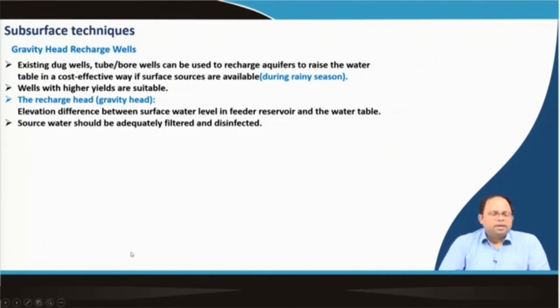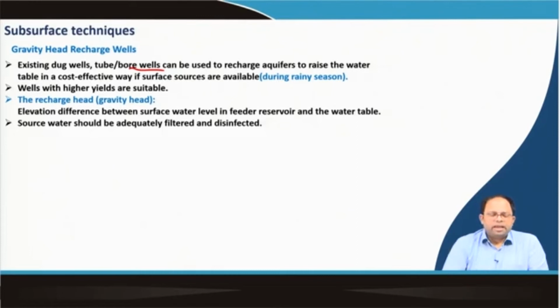Then gravity head recharge wells, and as you can understand, we use gravity over here to make sure that the recharge is done, and we use existing dug wells or tube or bore wells which are already there, and which are of no use because the water has already dried up in those aquifers.